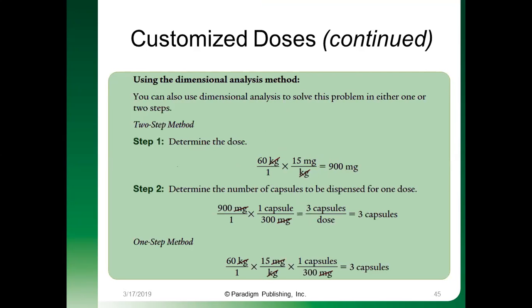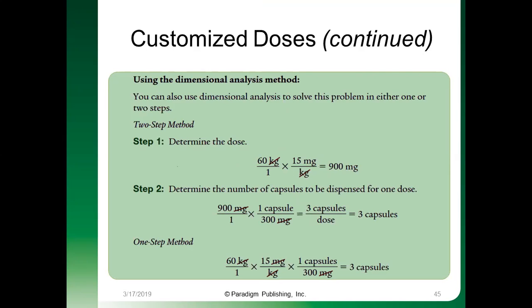Now, if we want to use dimensional analysis, remember we have to cancel our units. So 60 kilograms over 1 times 15 milligrams per kg. That way our units cancel.